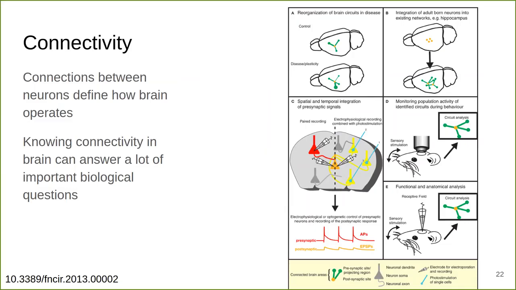So let's go to another part of what we want to know about the brain, and this part is about connectivity. So we know that the neural system is characterized by conductance. So in some cases, we would want to know what connections exist between different parts of the brain. And the reasoning for this might be that in some cases, at least, the structure of the system defines its functionality.